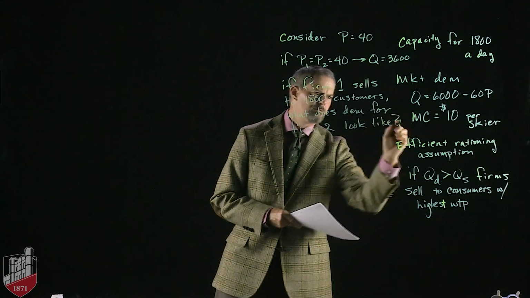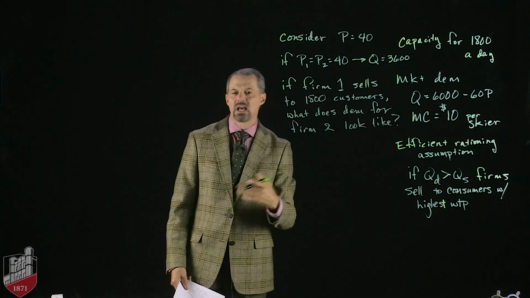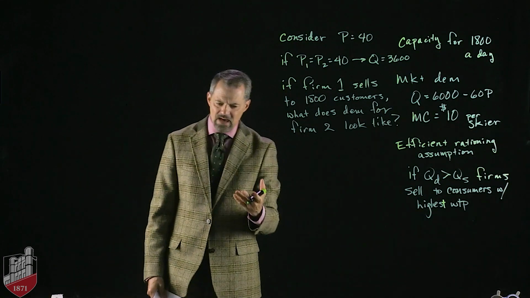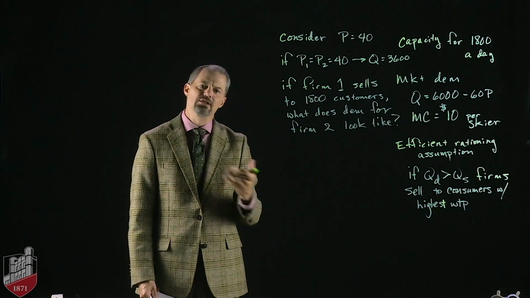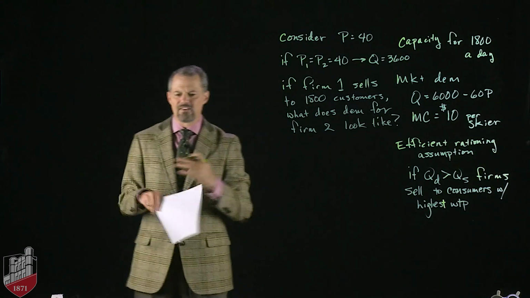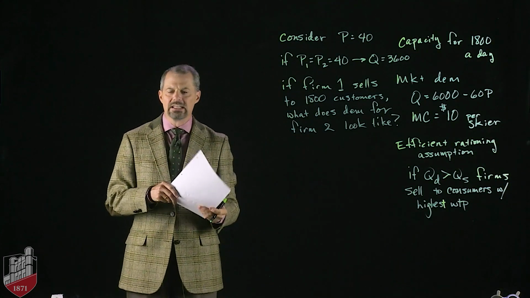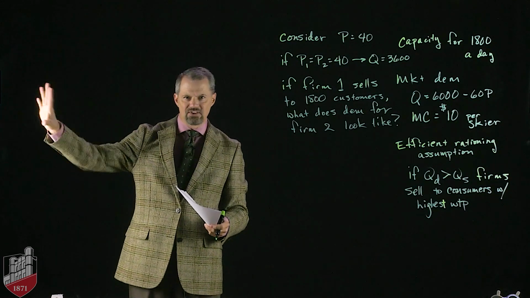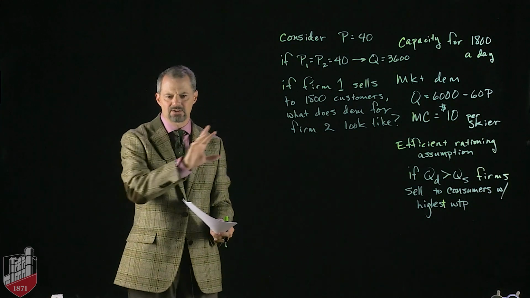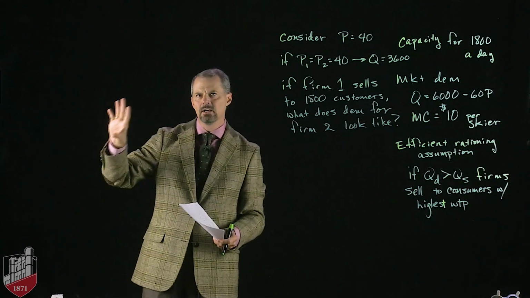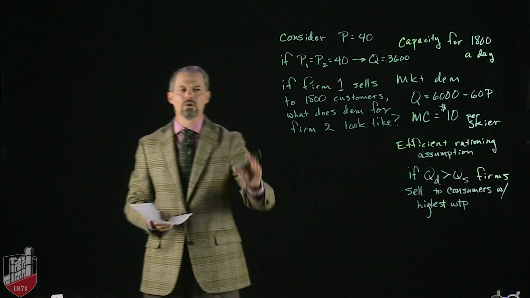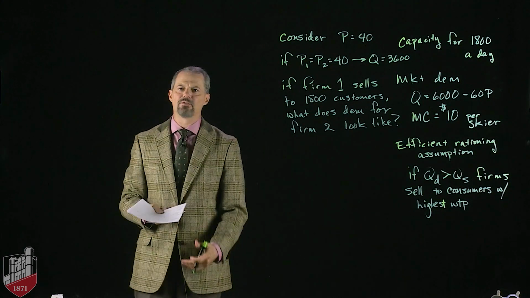If you've studied monopolistic competition, then you know that with that situation, we talk about a residual demand curve. A residual demand curve is the demand curve that a firm faces given what another firm is selling in the market. So some customers buy from firm 1, some customers buy from firm 2. Given that 1,800 customers buy from firm 1, what does the residual demand curve for firm 2 look like?